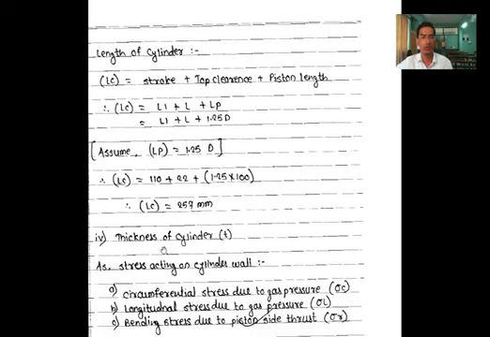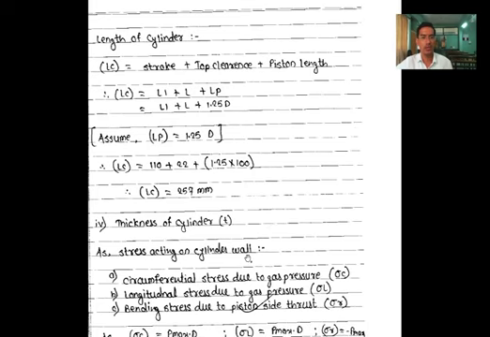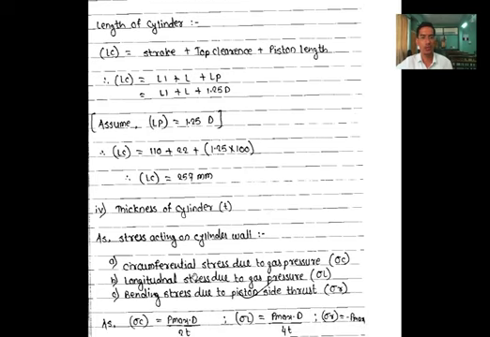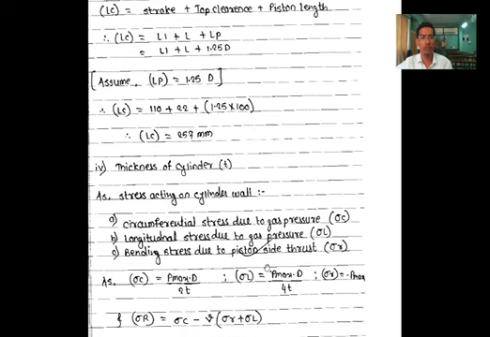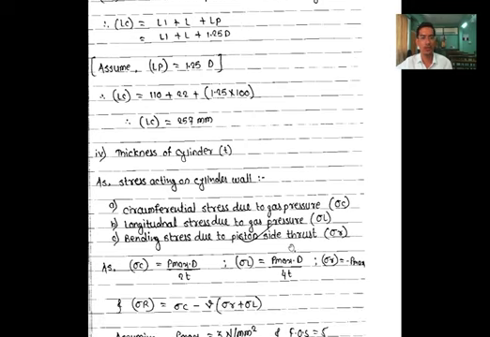Now the thickness of the cylinder, t. There are three types of stresses acting on the wall of the cylinder. The first is the circumferential stress due to gas pressure, sigma C. The second is the longitudinal stress due to gas pressure, sigma L. The third is the radial stress due to the piston side thrust, sigma R. Sigma C is equal to P max D by 2t, maximum pressure into bore diameter divided by 2 times the thickness.